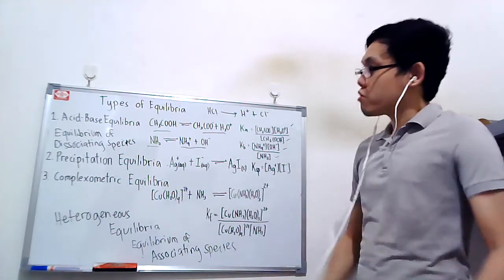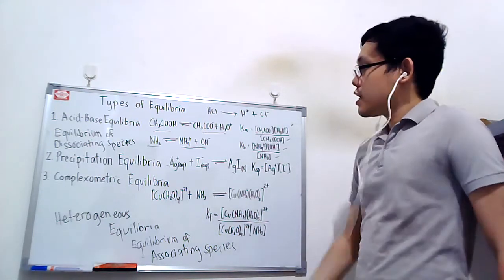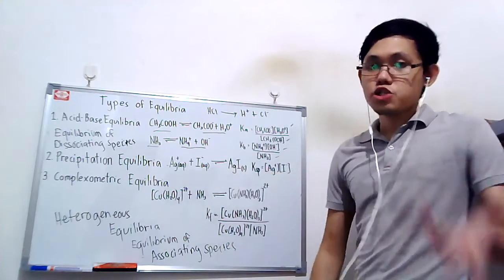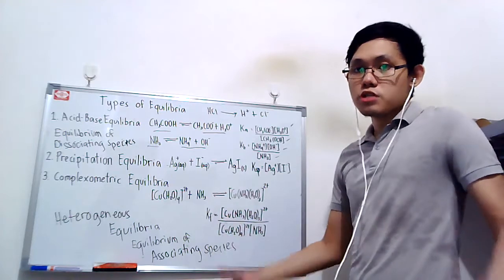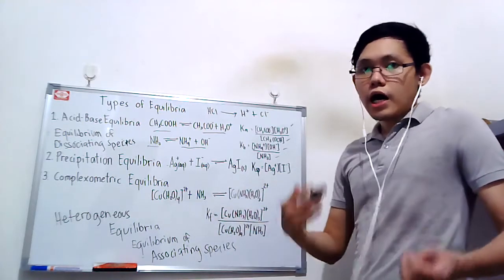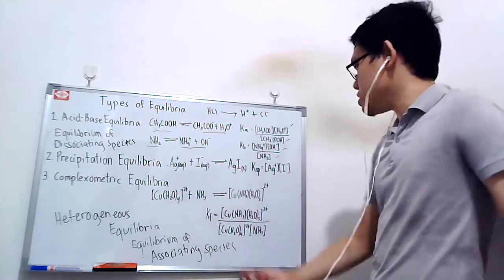So, kung yung acid-base equilibria ay nag-i-involve ng dissociation, ito namang complexation ay nag-i-involve ng association of your ionic species.